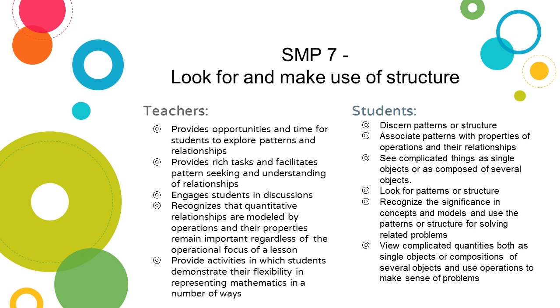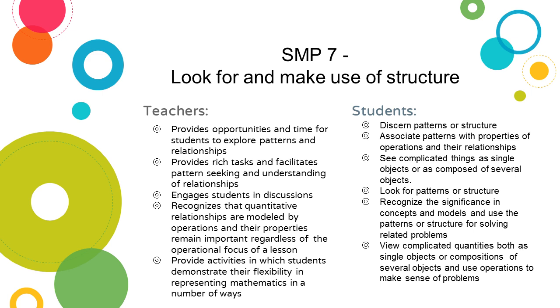And we want to provide activities for our students to demonstrate their flexibility in representing mathematics in a number of ways. Again, for example, 76 is 7 times 10 plus 6. For our students, we want them to look closely to discern patterns or structure.